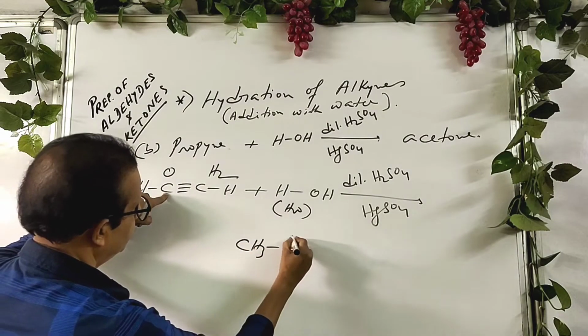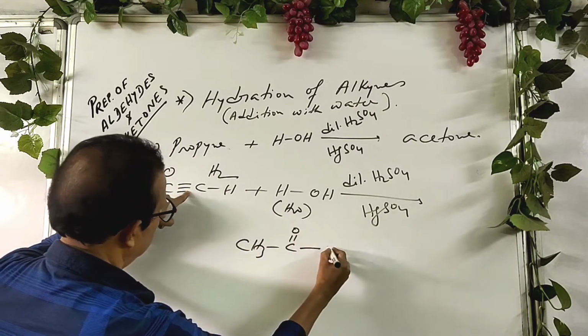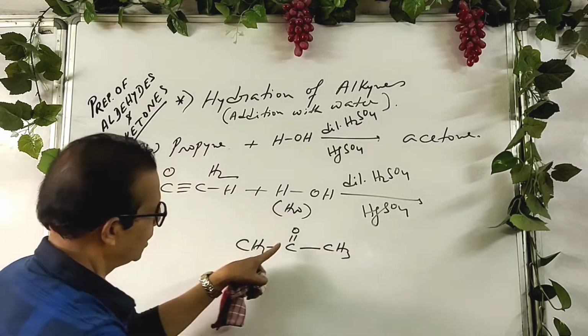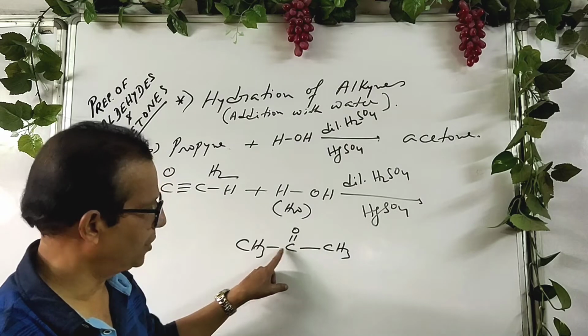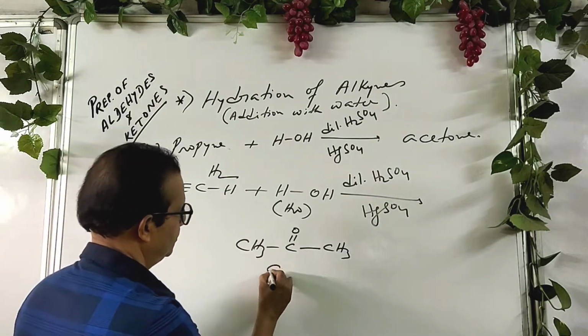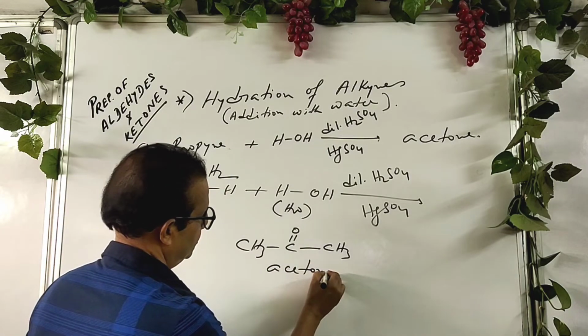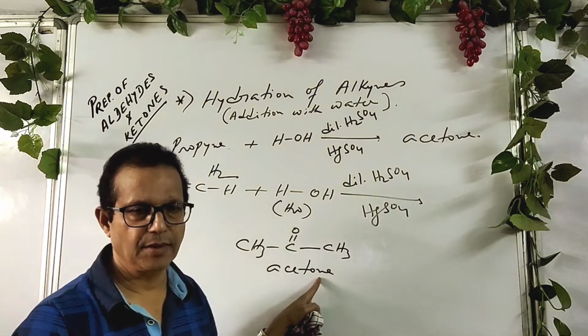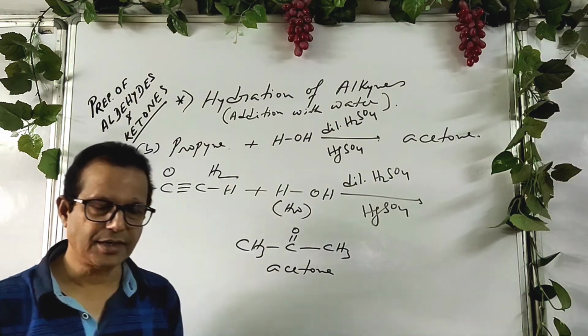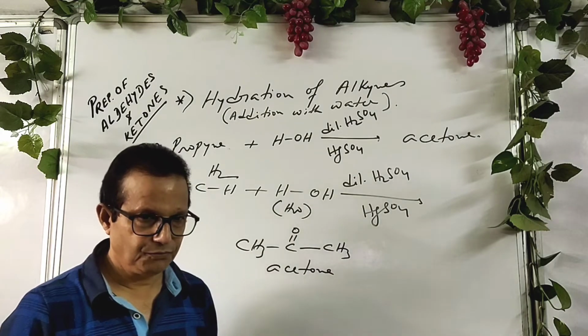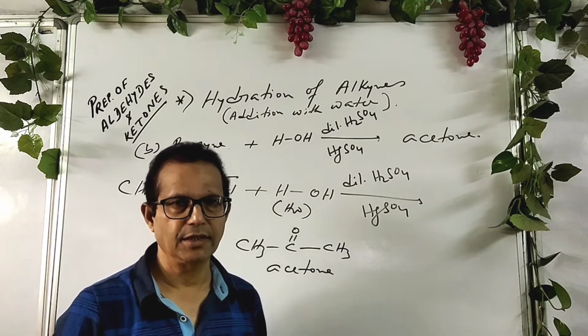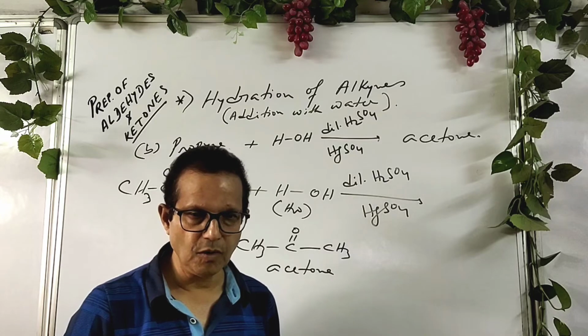So write CH3. Carbon always possesses tetravalency, remember it, 1, 2, 3, 4. You get acetone as the main product. But in entrance, the intermediate is asked. So try to understand the mechanism of the reaction.